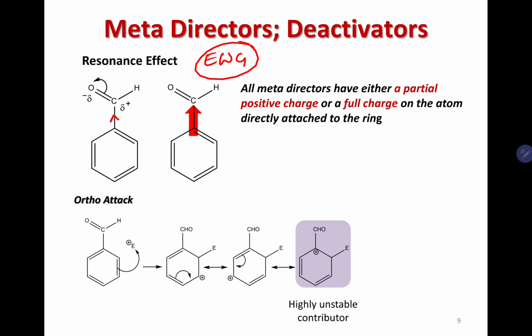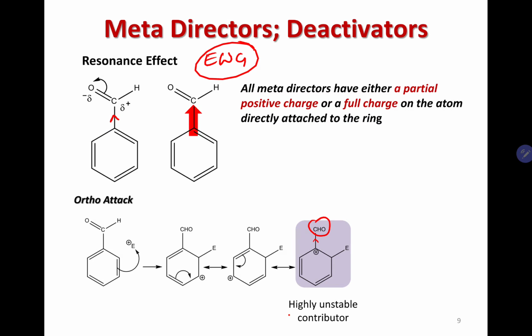If you take a look at this resonance structure right here, you have a positive charge on the carbon that contains the electron withdrawing group. This electron withdrawing group is pulling electrons from this carbon, and this carbon already has a positive charge. So that is a highly unfavorable situation.